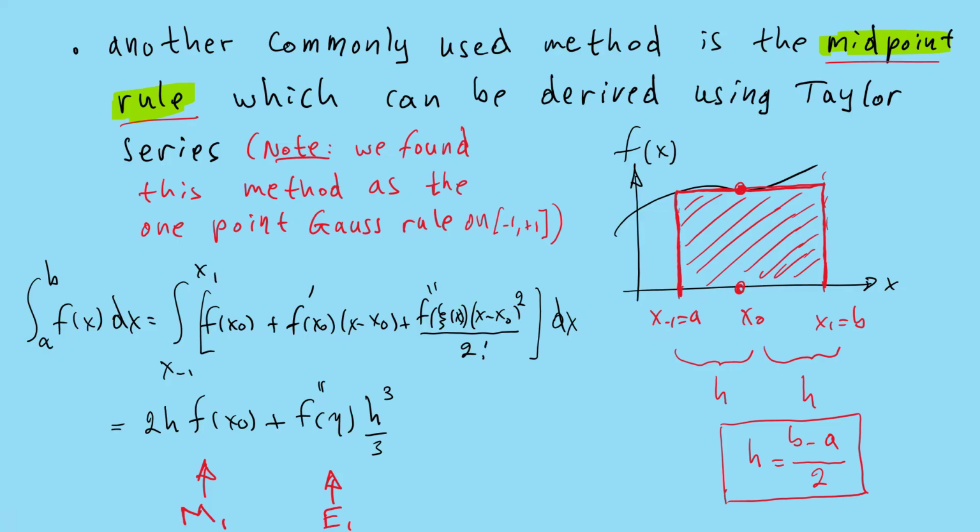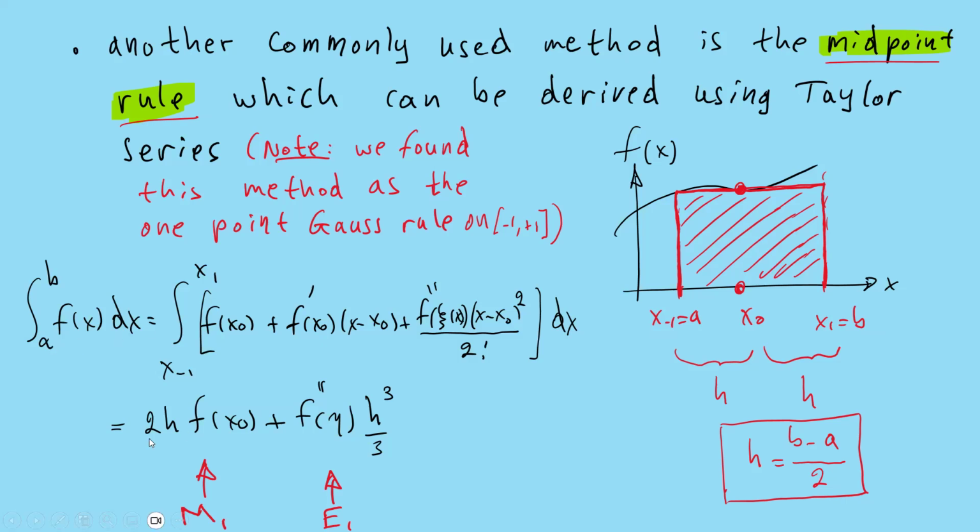And we can find these equations by expanding a Taylor series about the midpoint. And we have f of x naught plus the derivative at x naught times x minus x naught. For these integrals, the integral of the derivative term turns to 0, because the midpoint is in the middle and we have symmetry around the midpoint.